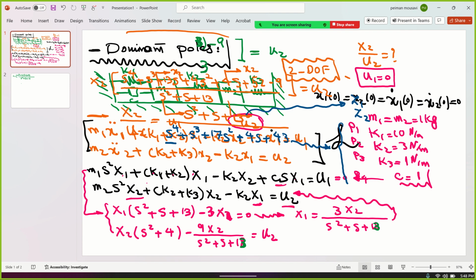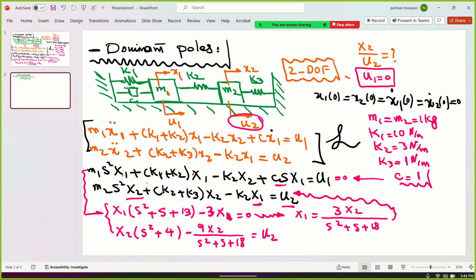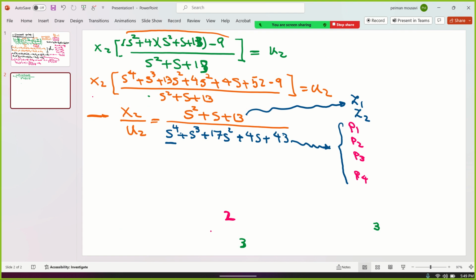No, this is x2, actually. Yeah, this is x2, guys. Why did I write it like that? See here from your first line, U1 is 0, so this is 3x2, right? And x1, now replace here, this is correct. Minus 9 K2 x1, and 13, and then putting here s4, s cube plus 3s plus 4s squared plus 4s plus 52.